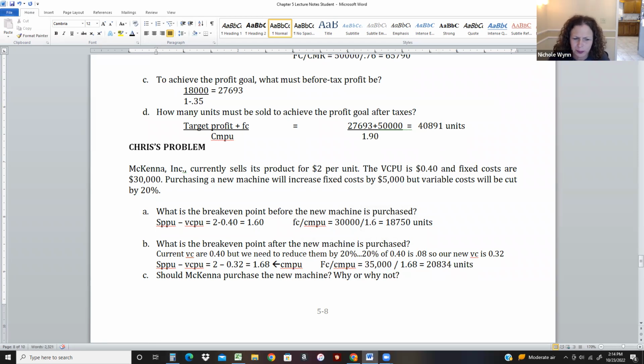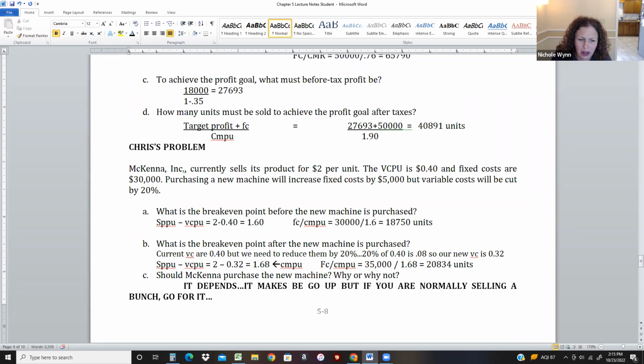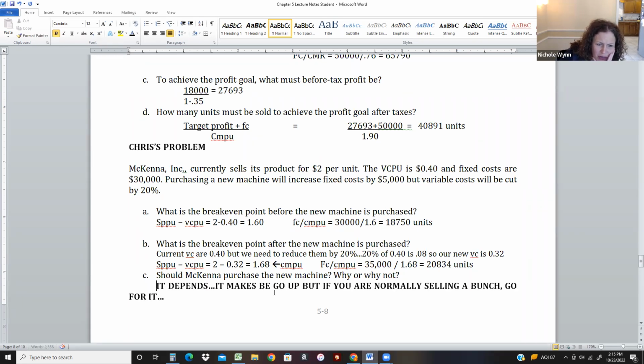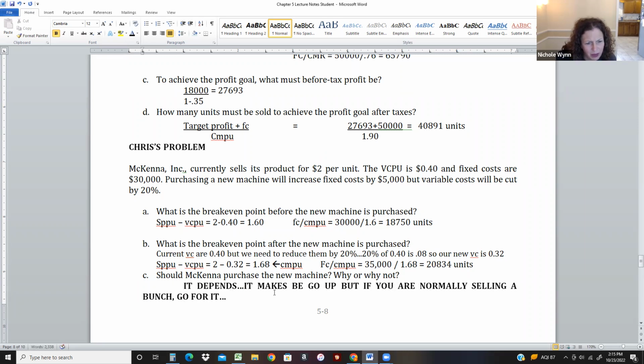Okay. So the question is, should he buy the new machine? Yes or no? My answer there would be, it depends. It makes break even go up, but if you are normally selling a bunch, go for it. Right now, if we look at just the break even point, I would say no, don't do it.